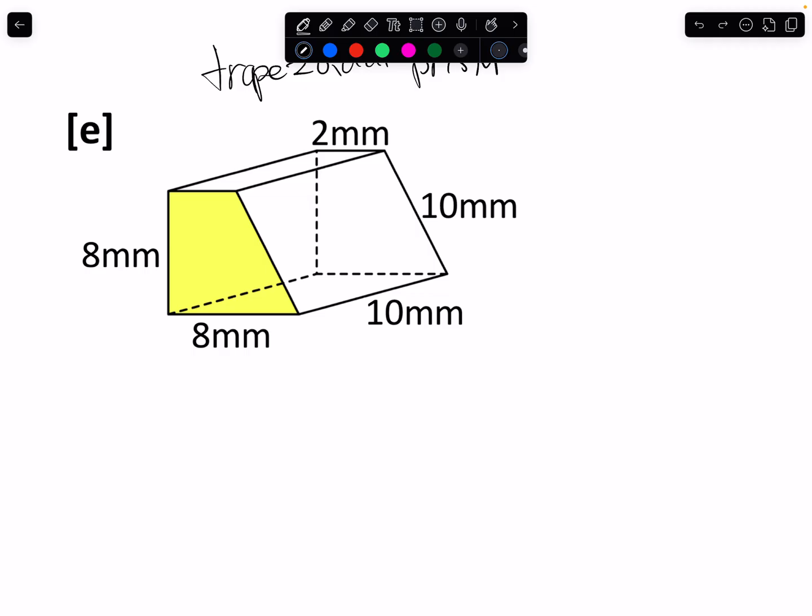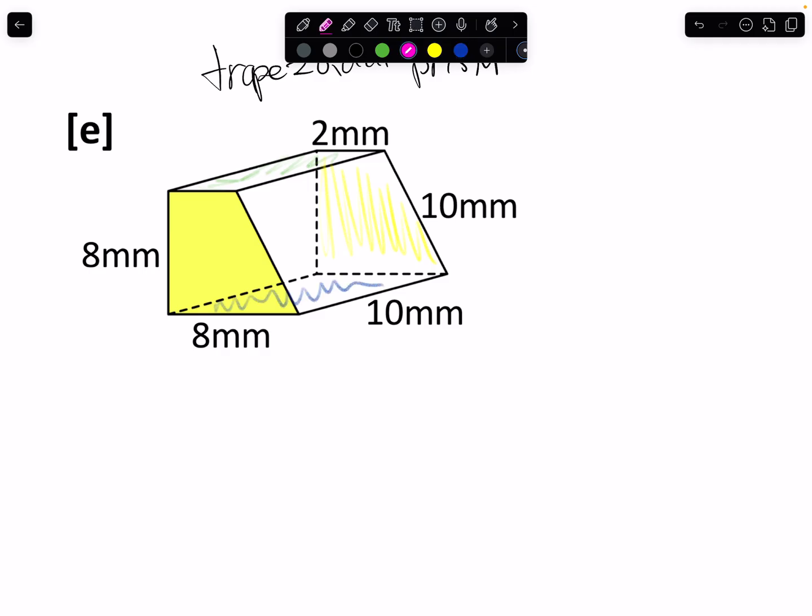The first step to calculating the surface area of any prism is identify how many identical shapes we have. Now, this one's a little bit different to any other one that we've done so far. We have front and back, which are the same. Now, have a look at this. We have four sides, but as you can see, the top is different to the bottom. So I'll put those in different colors.